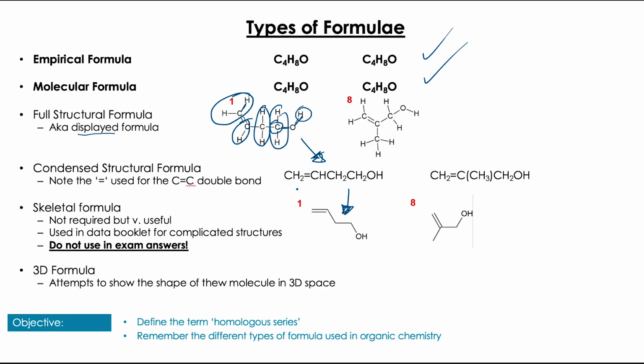Lastly, in terms of speeding the process up, we have skeletal formula. Here, every vertex and end of a line represents a carbon atom, and unless it's double bonded, it's assumed that the carbon atom on the corner is saturated.